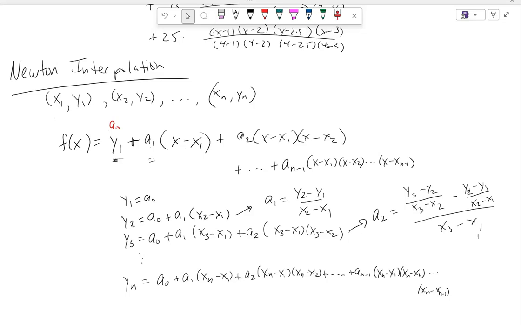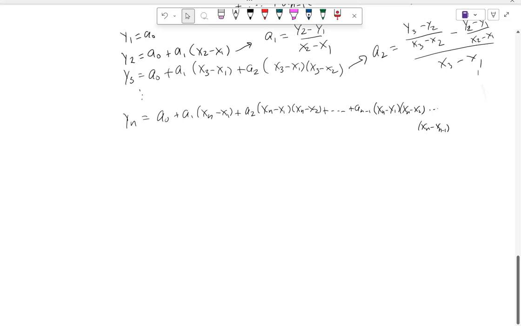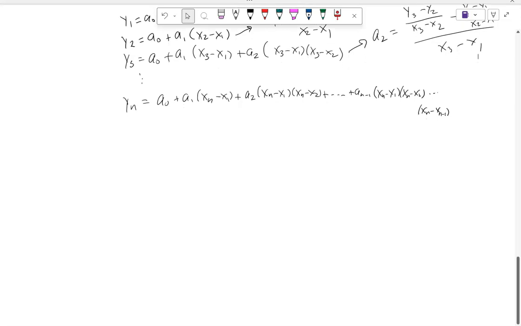So no matter what interpolation technique you use, if you have a final answer, they all have to agree. Which method you use depends on what you're doing for a computational purpose. So just to review a little bit and then get back into this third method that we were talking about.